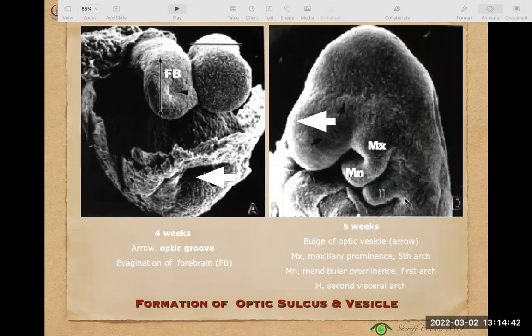This is a scanning electron microscope photo at 5 weeks of intrauterine life, where the bulge of optic vesicles, this is the optic vesicle. On the right side, the body of the embryo with the formation of the maxillary process MX and the mandibular process MN and the vesicles. You can see how big compared to the small embryo the eyes begin to develop.